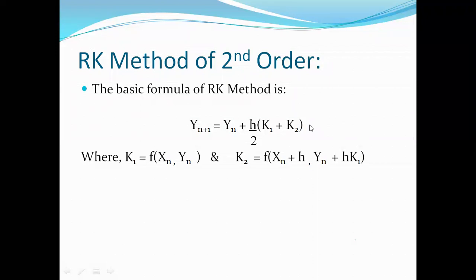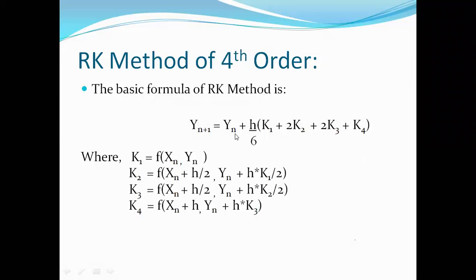Next, going to the RK method of fourth order. Well, this is the basic formula of RK method of fourth order. y(n+1) is equal to y(n) plus h by 6 times (k1 plus 2 k2 plus 2 k3 plus k4). Now, this is a lengthy process because over here we have four k's: k1, k2, k3 and k4.